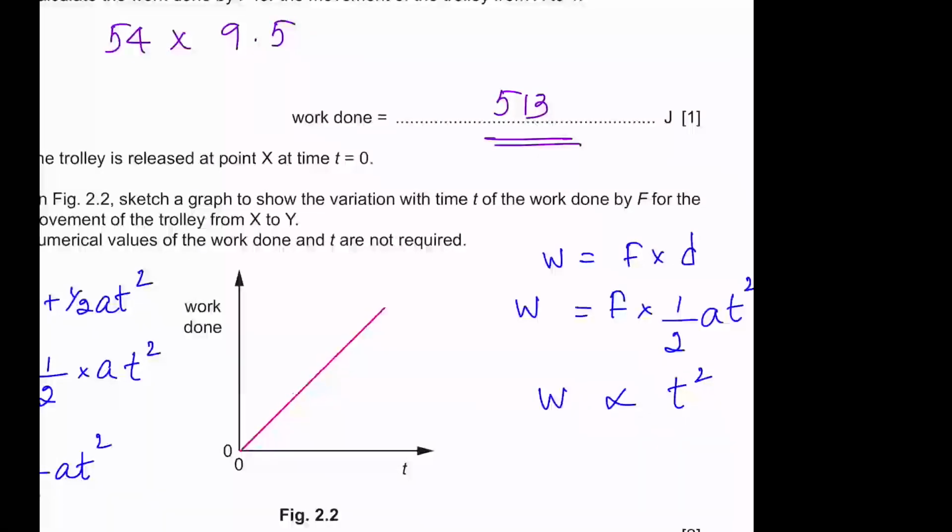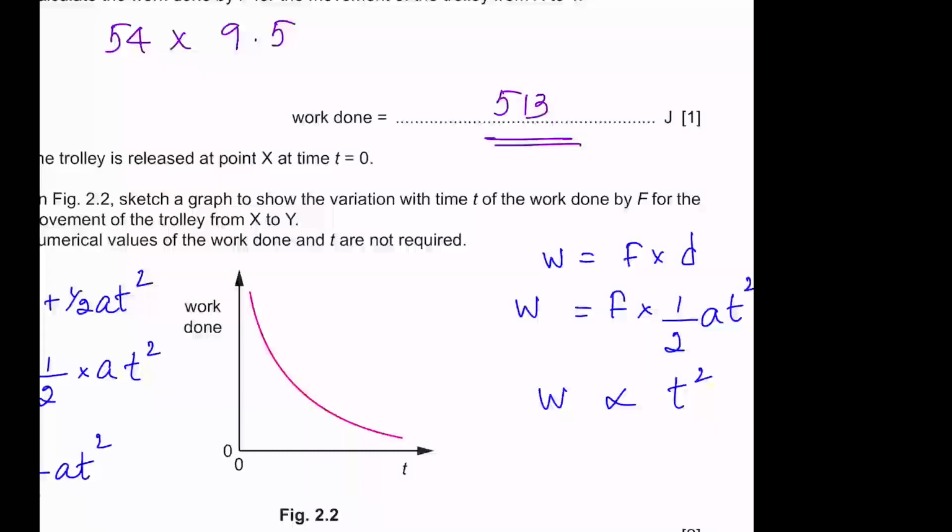Is it this? What is this graph? W is directly proportional to t. No. That is this.